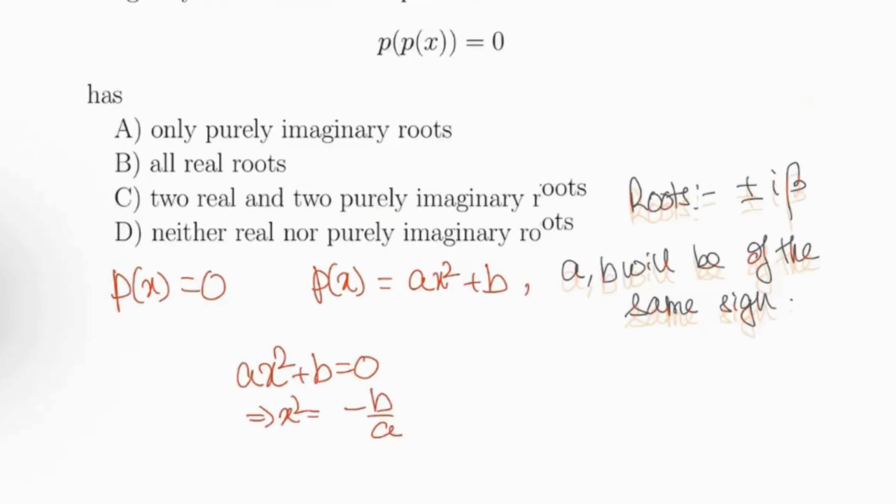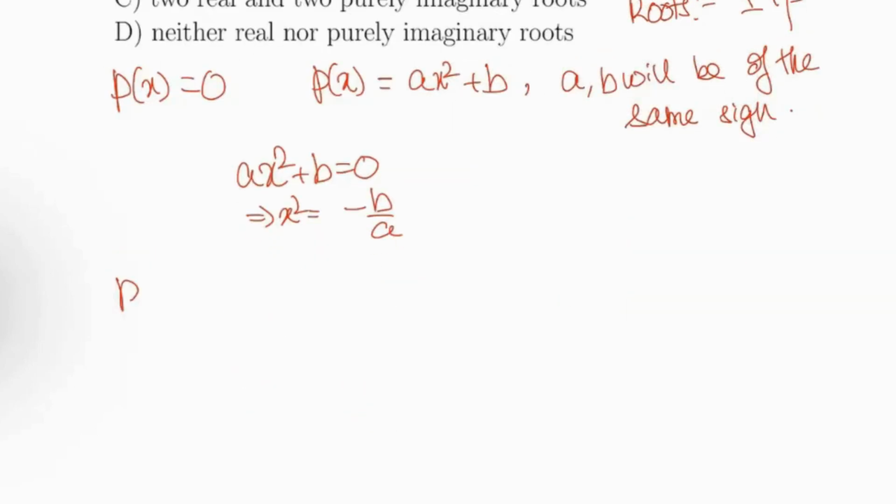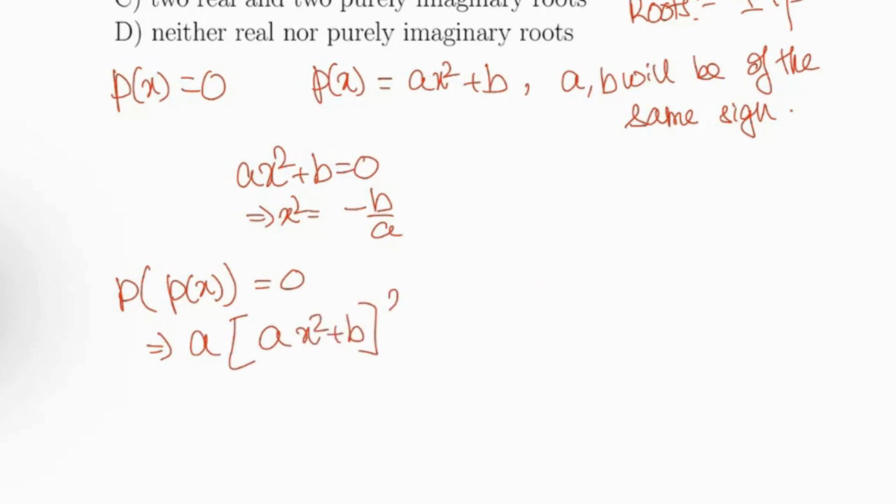Now let's proceed with the sum that's given. p of x equals 0, or let's say a of (ax square plus b) whole square plus b equals 0.